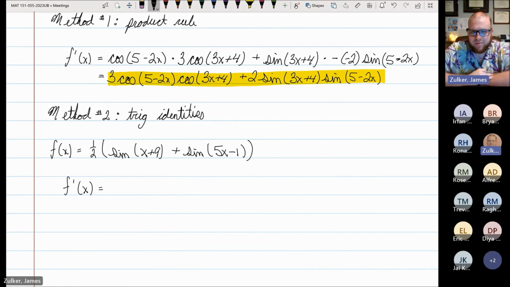And then we can take the derivative, just like we did in the previous one. This is now a scalar multiple, scalar times the derivative of the function.